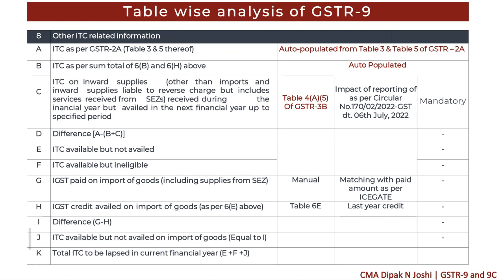Now, in this case, many practitioners are following the rule of netting whenever they are providing information in table 8C. They are providing net of opening credit, that is credit of previous financial year less credit of current financial year.